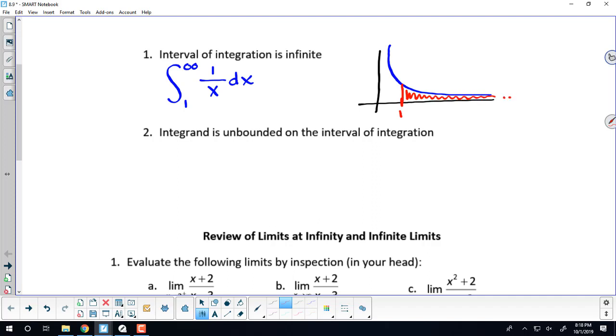So, what is that area? Is it finite or is it infinite?